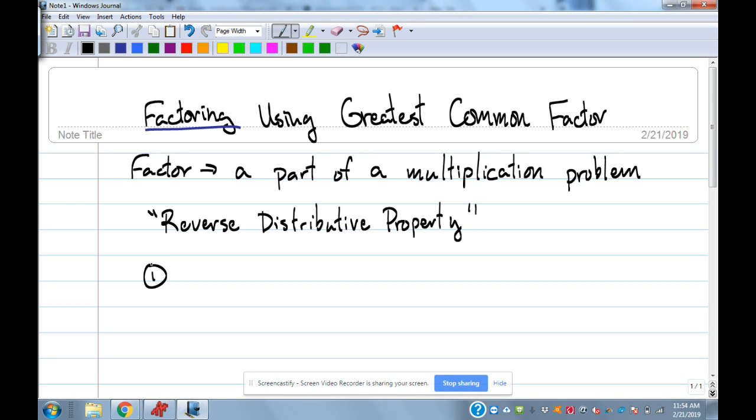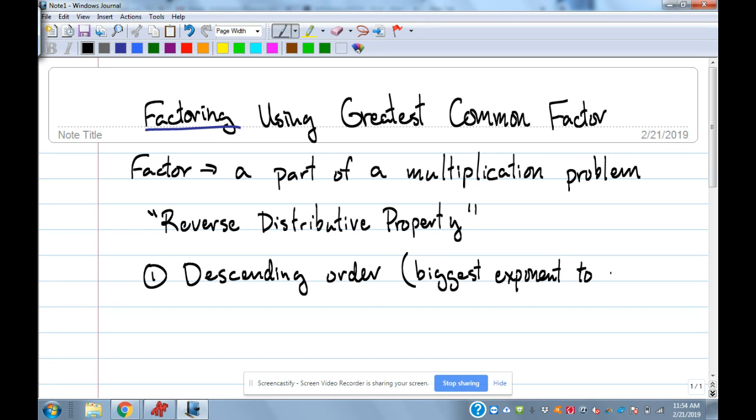When you're factoring, the first thing that you want to do, before you even start working the problem, is put the polynomial in descending order. Descending order means biggest exponent first, down to the smallest. So if it's got an x squared and a plain x, the x squared needs to be in the front. Okay, so descending order first.